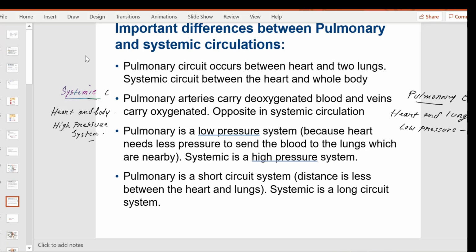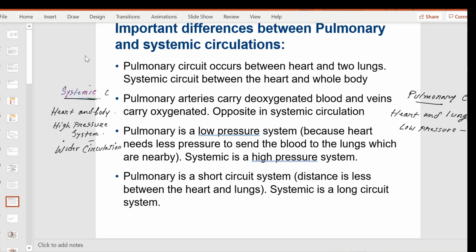Okay, and systemic circulation is much wider, a larger circulation, because systemic circulation supplies blood throughout the body.